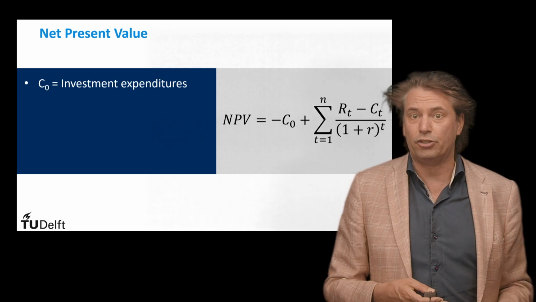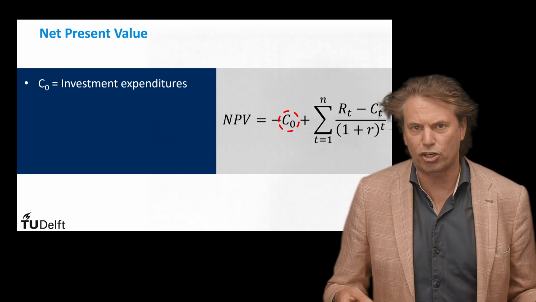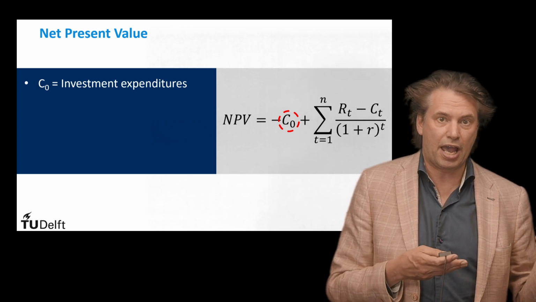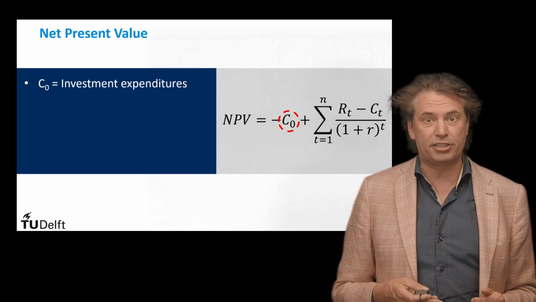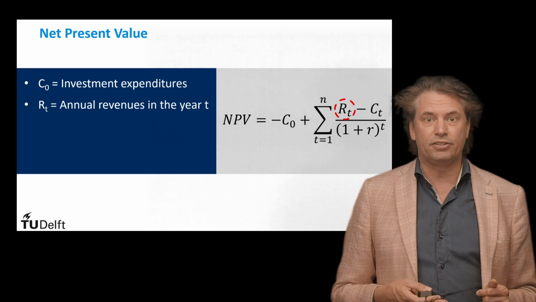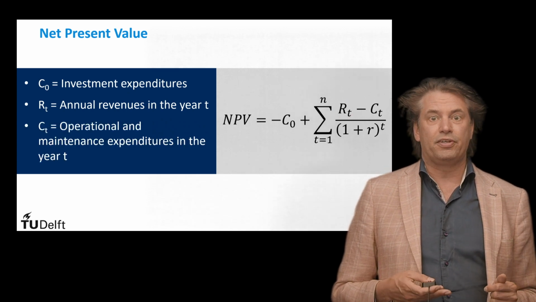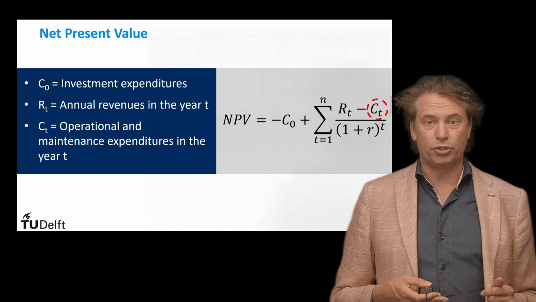The term C_0 represents the initial investment costs, which are subtracted from the NPV value. Then, for every year T of operation, the annual revenues R_T are added, and the operational expenditures C_T are subtracted in the equation.